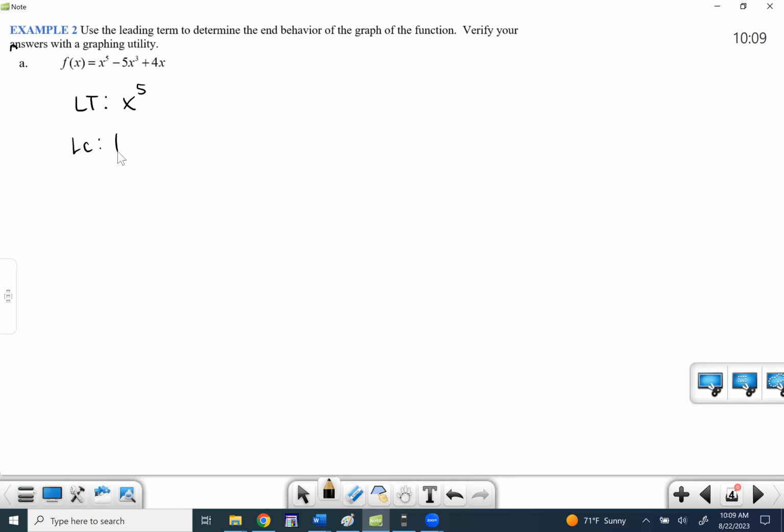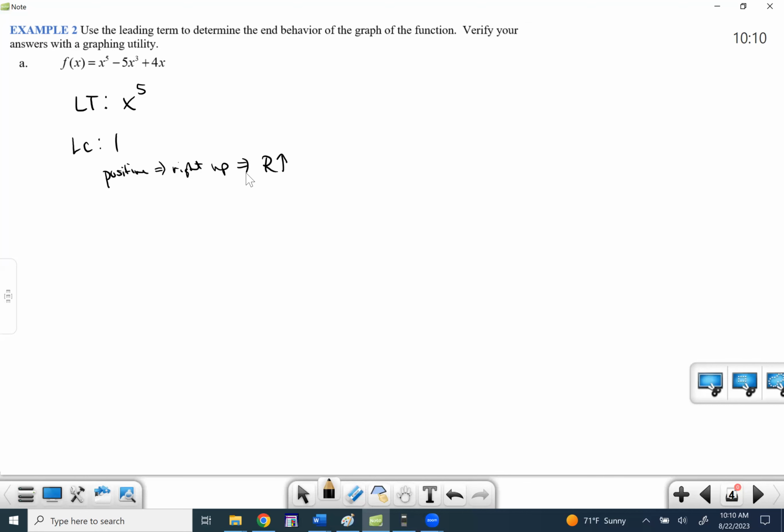Now remember, that number tells you what the right is doing. The first thing I notice is that it's positive, so that implies the right is going to go up. Maybe you could write right with an up arrow, however you want to look at it, okay?